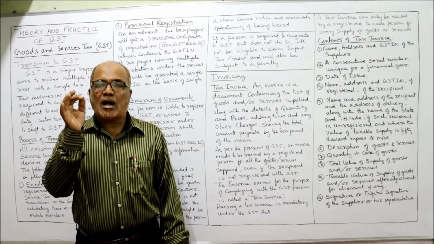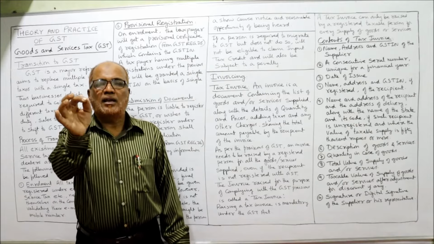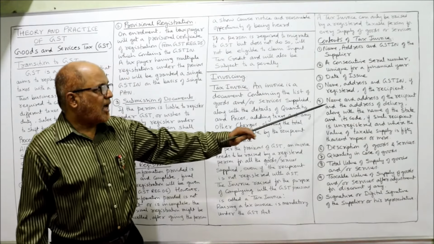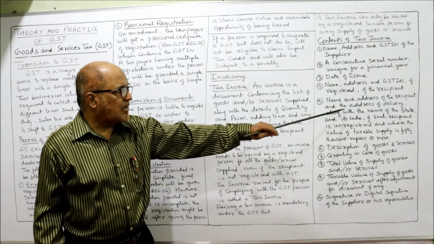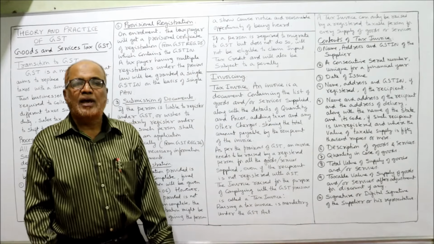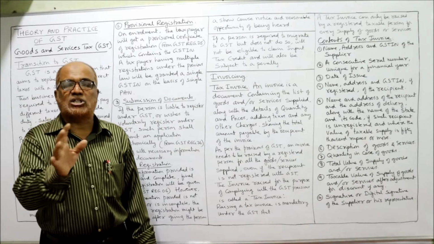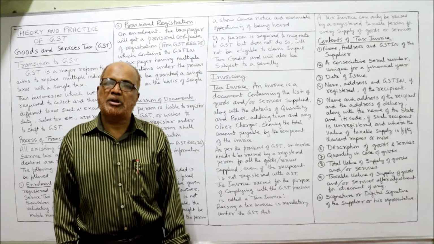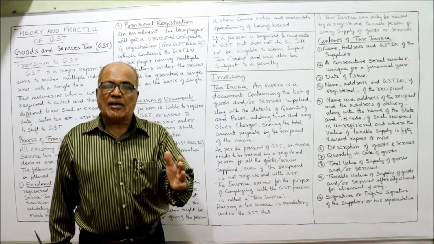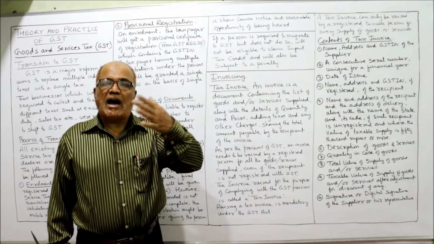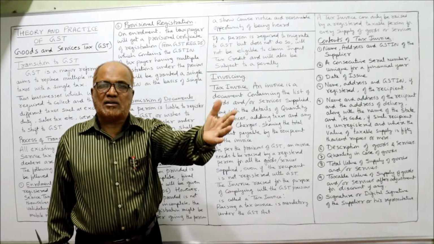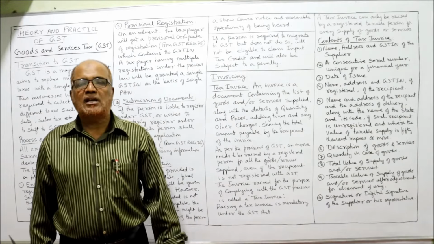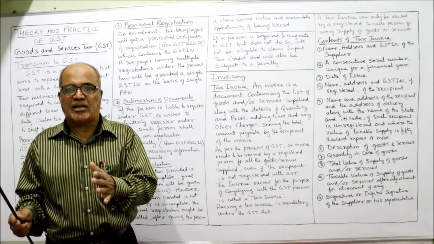In that case, compulsorily, the name of the recipient, the address of the recipient, the address of delivery, and the name of the state or union territory of the recipient should be written. It is compulsory. I am the supplier. I have to see whether my recipient is registered or unregistered.